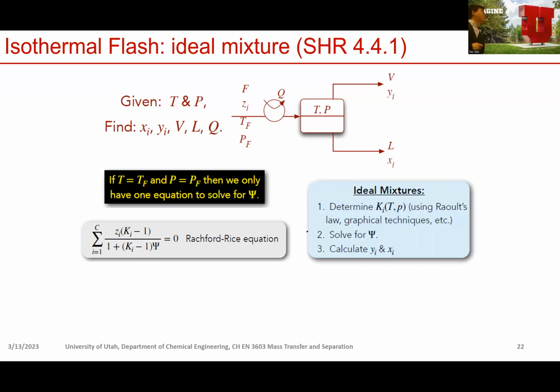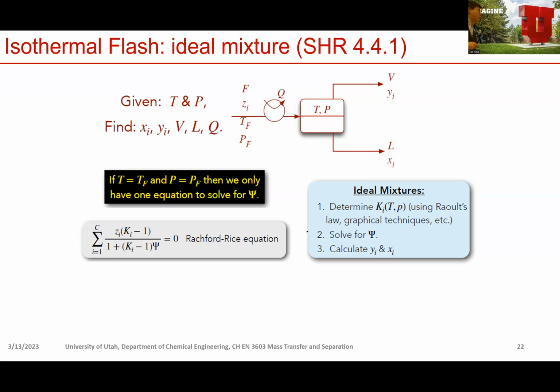For an ideal mixture, the K value is only dependent on pressure and temperature, not on composition. The model for computing the K value for an ideal system can be Raoult's law or the DePriester correlation. Because we know the temperature and pressure here, we can first determine the K value for each component, using Raoult's law, graphical techniques, or other models.